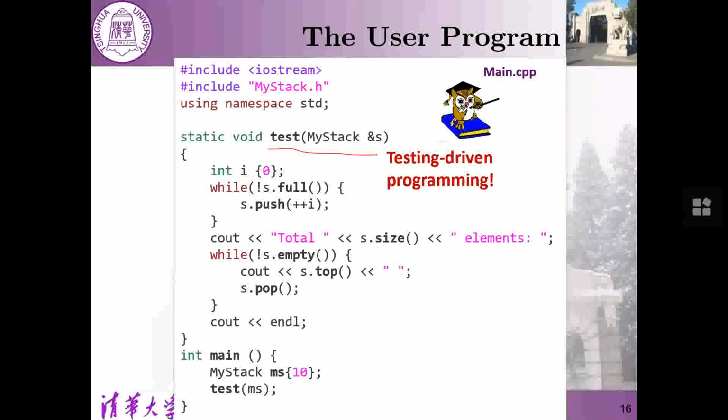Then for this testing-driven programming, I want to mention something more. Typically, for most of our students, especially those who have attended programming competitions, you are used to writing functions like this, maybe 100 to 1,000 lines of code.